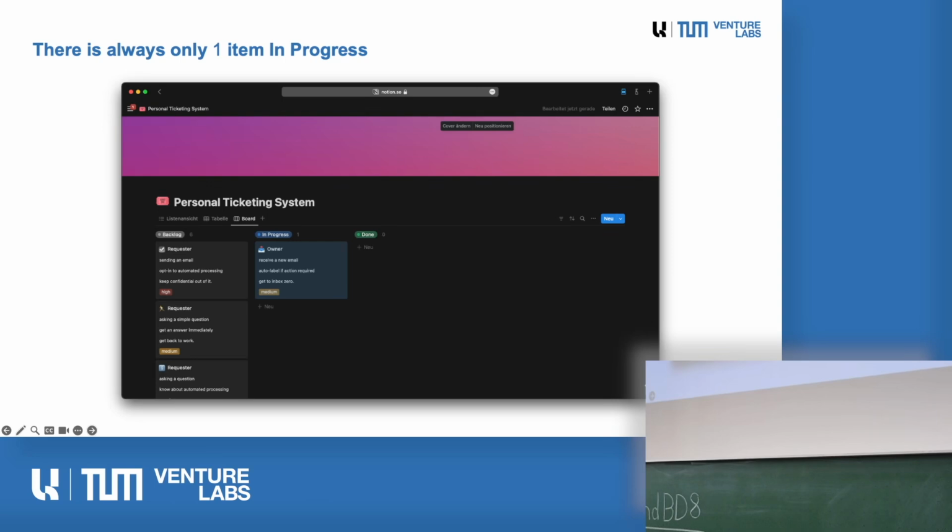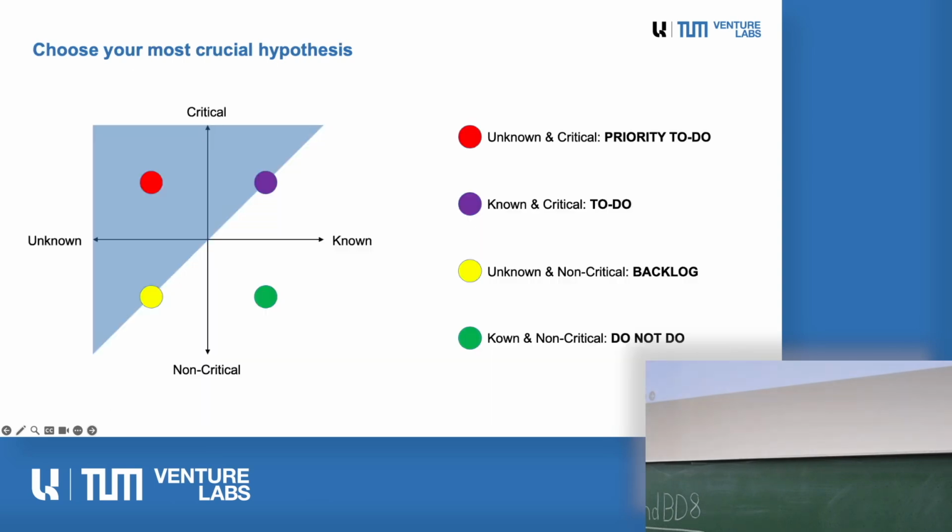How to choose what to use when? Super simple framework. Also not the only framework, but one that I think is easy to get started with. Think about the user stories. Think about the obstacles. How unknown versus known and critical versus non-critical they are. If you want to test with a user story that is completely unknown and that's super critical for your operations, this is something you should do directly.